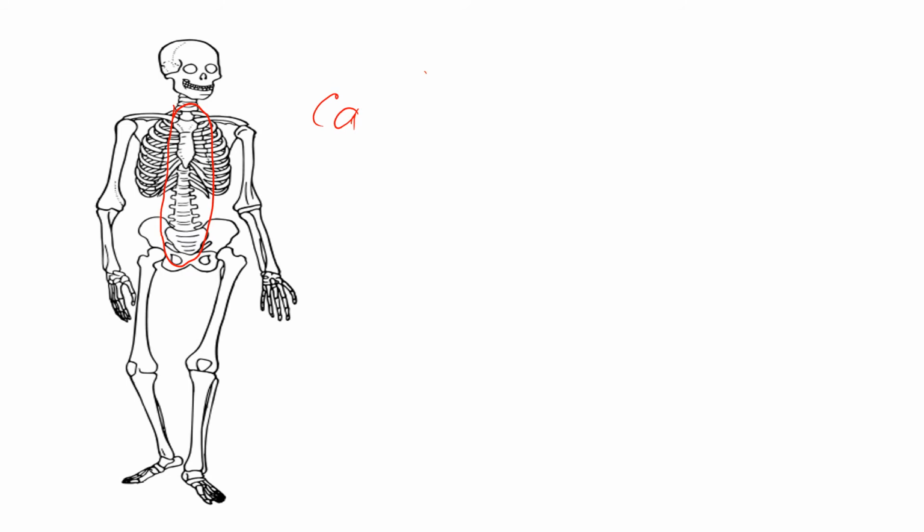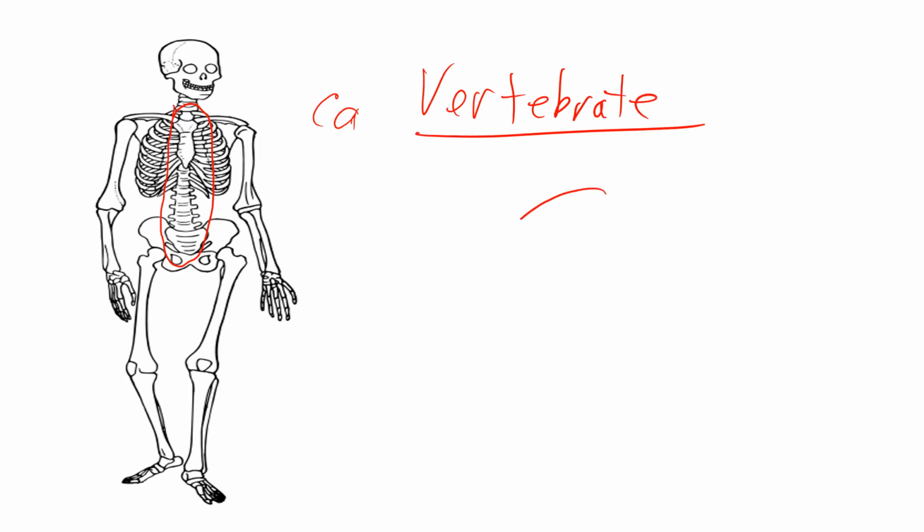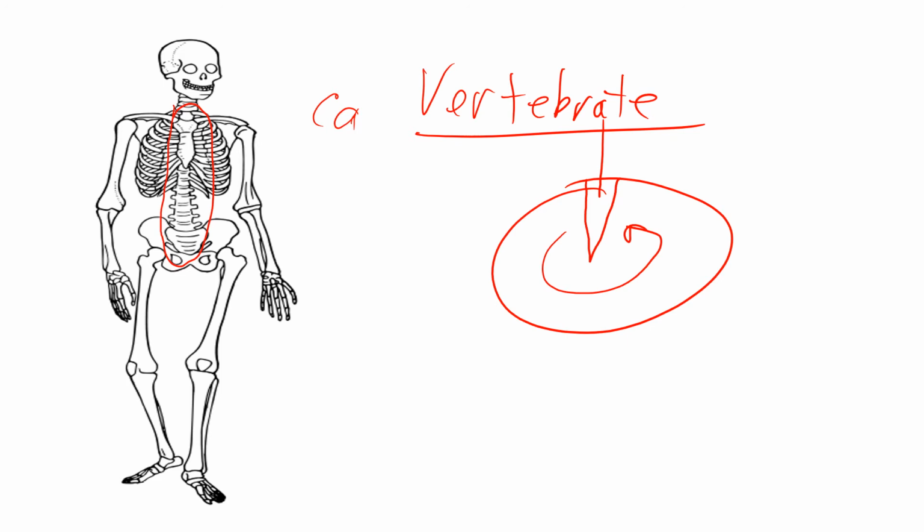So here we are back with vertebrate organisms. If we had a pie chart of all the organisms we know of, this slice of pie right here, which I made a little bigger than it would be because I used to get a bigger slice of pie, would be the vertebrates. All the rest would represent the invertebrates. No bones.